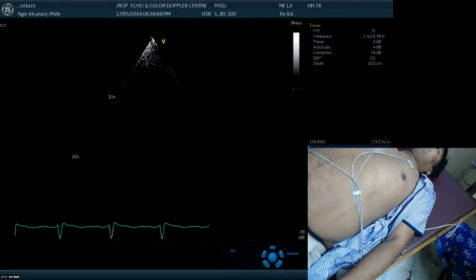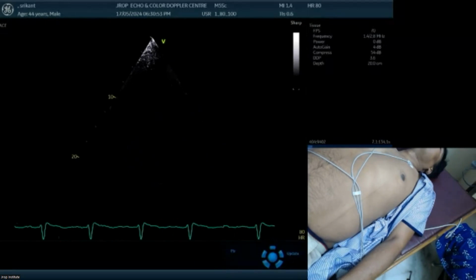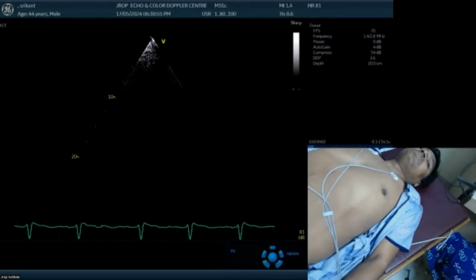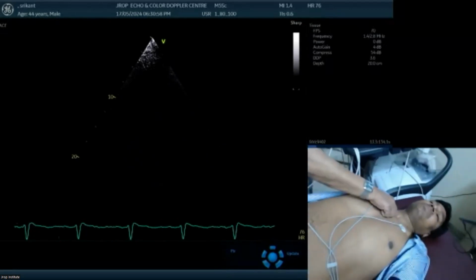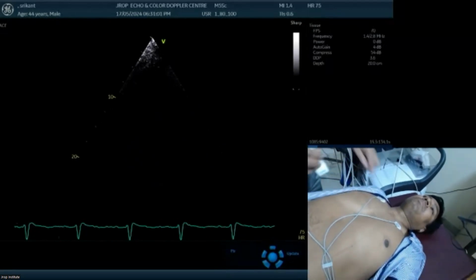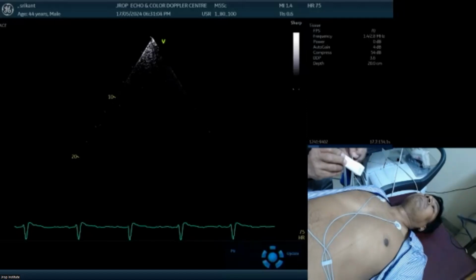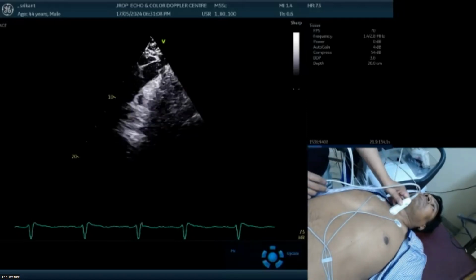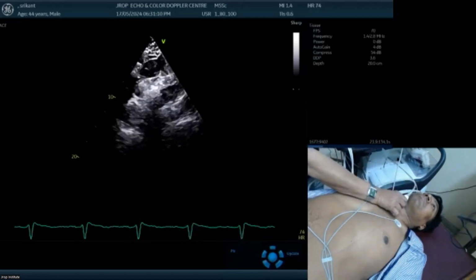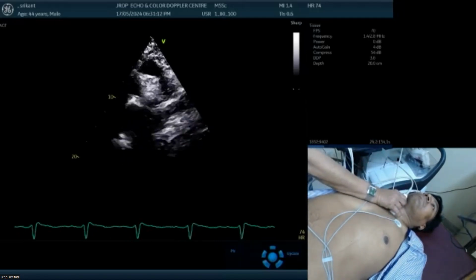Now the suprasternal window. How do we look at suprasternal window is suprasternal area, xiphoid process over here, sorry, suprasternal window over here, index marker over here, kept at 1 o'clock position. And as soon as we keep an index marker at 1 o'clock position, what do we get?